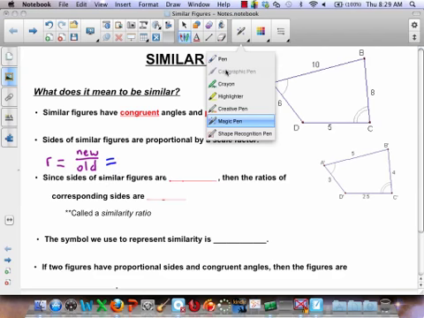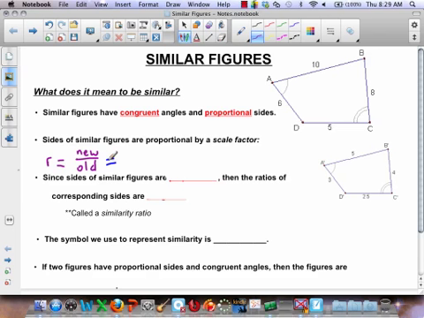So if I take a look at the side A prime, D prime, what's the length of A prime, D prime? 3, I think. 3. And what does A prime, D prime correspond to? AD. Okay, and how long is AD? 6. So therefore, my scale factor here is 1/2.